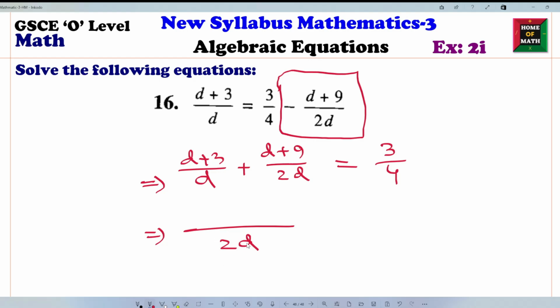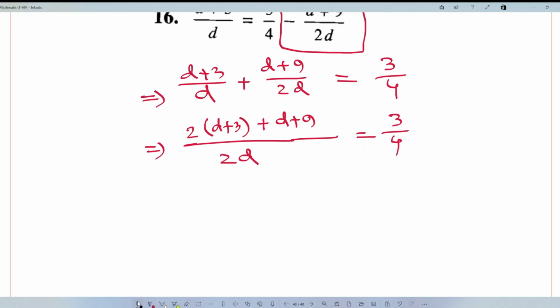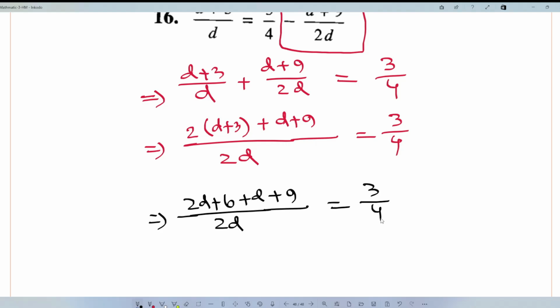So once you 2d divide by d, here is 2d plus 3 plus d plus 9 equal 3 by 4, right? Now look, 2d, and here is 2d plus 6 plus d plus 9 equal 3 by 4.